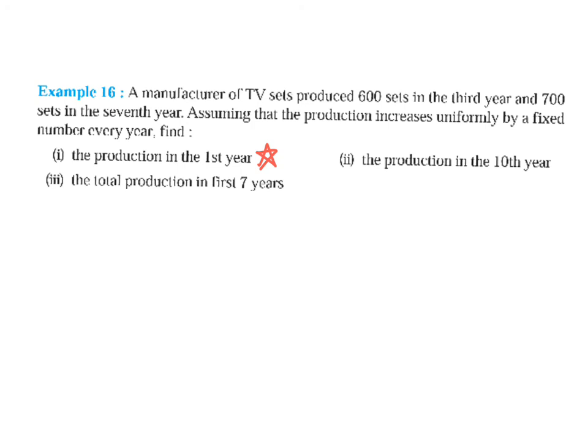So we know that the production in the third year is 600. So A3, what is the formula to find the nth term? A plus the third term, 3 minus 1, 2d. So over here A3, 600, equals a plus 2d.